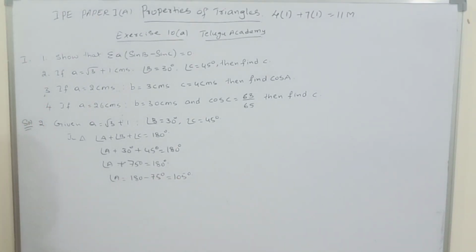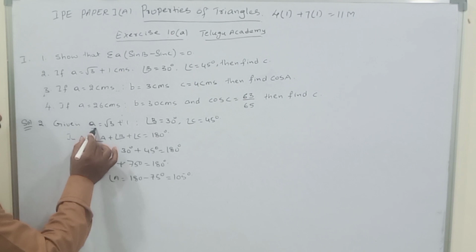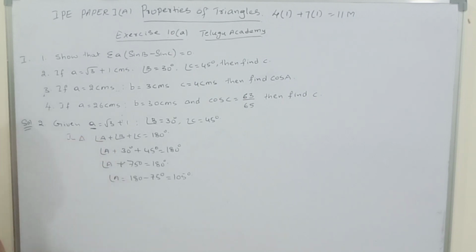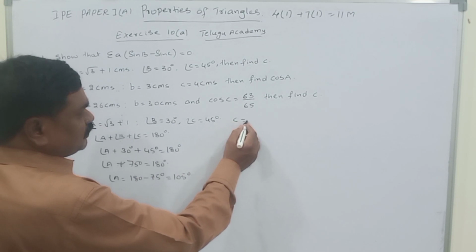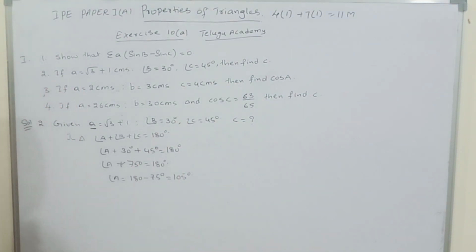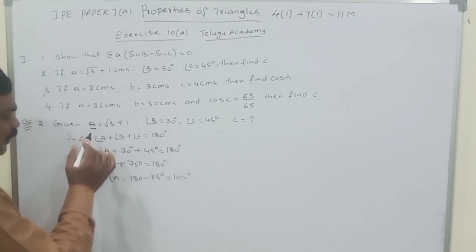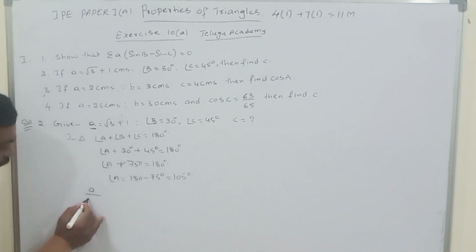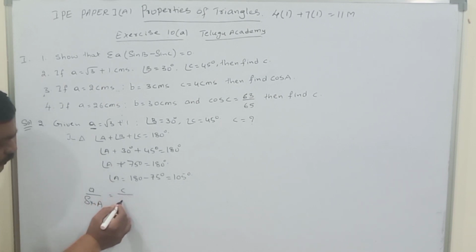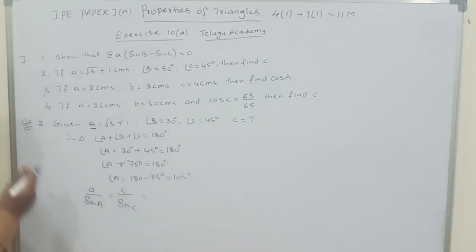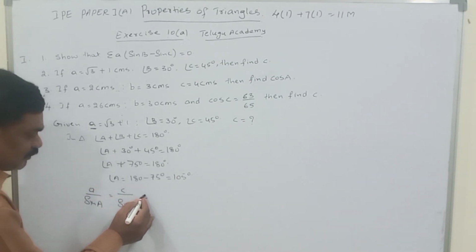Okay, all of you. Here we have been given the small a, side a, and we want to find the c value. So write the sine rule: a by sin A is equal to c by sin C. We want the side c value.